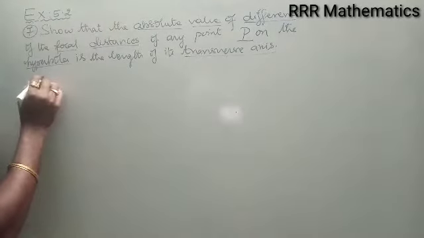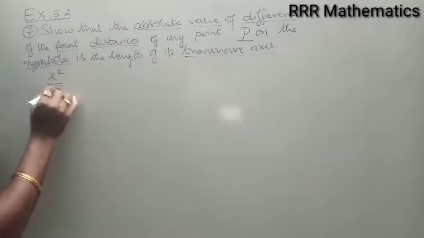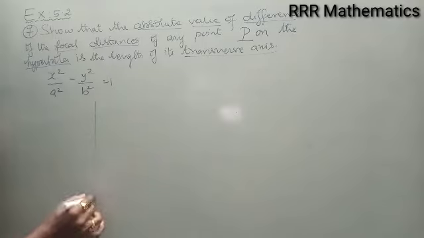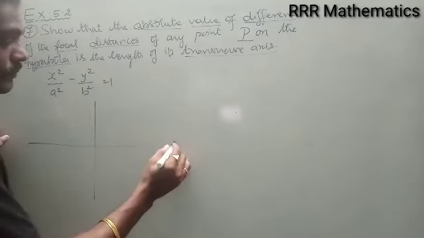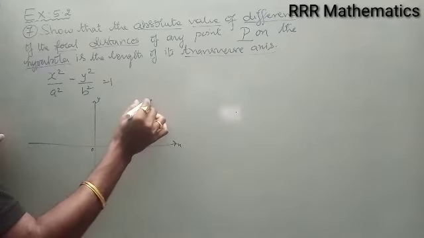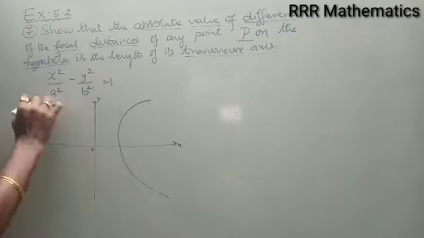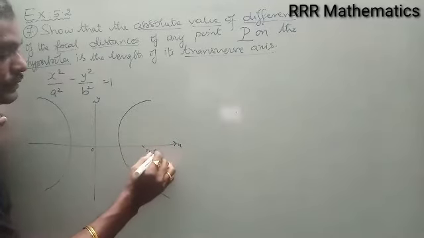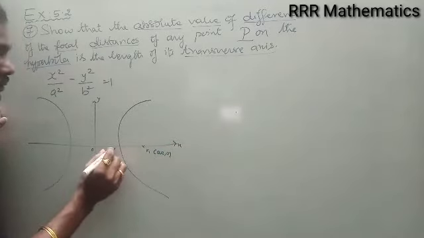Now, consider the equation of the hyperbola: x square by a square minus y square by b square equal to 1. Let us draw the diagram. X-axis, y-axis, origin. This is a hyperbola. Focus (a, 0).